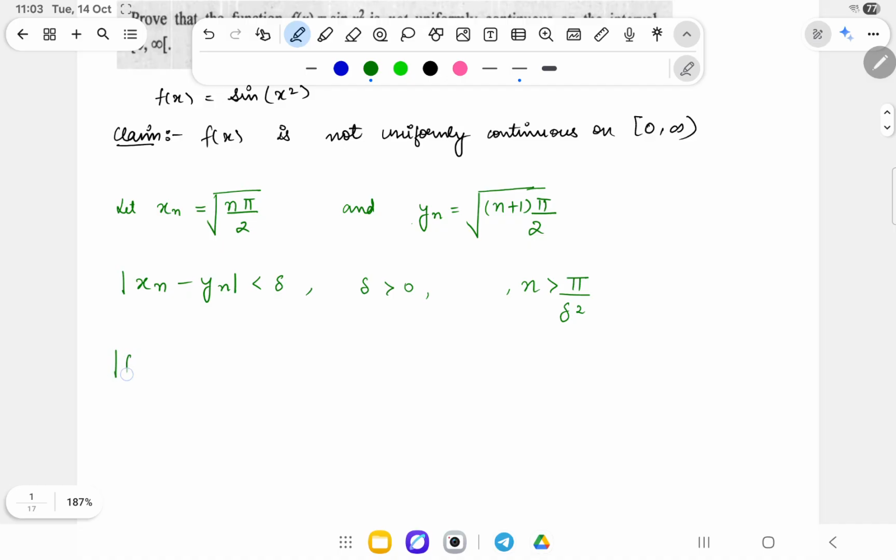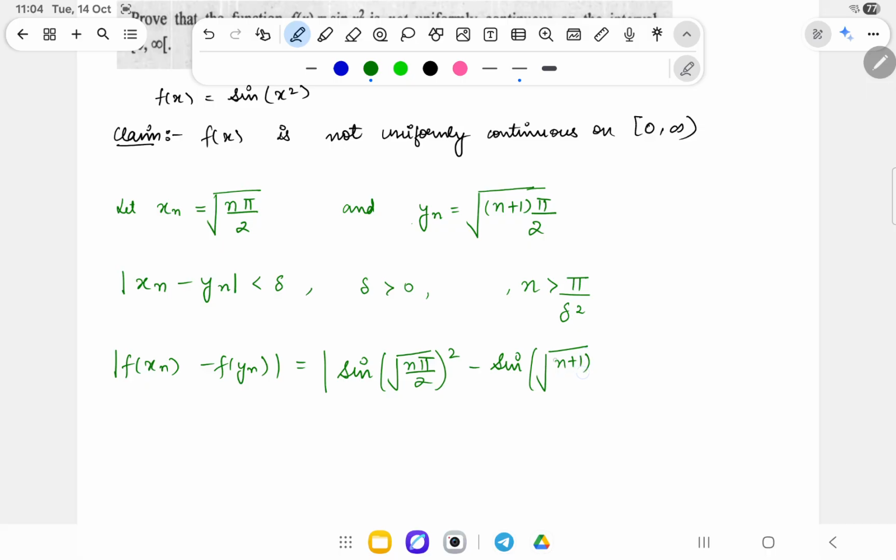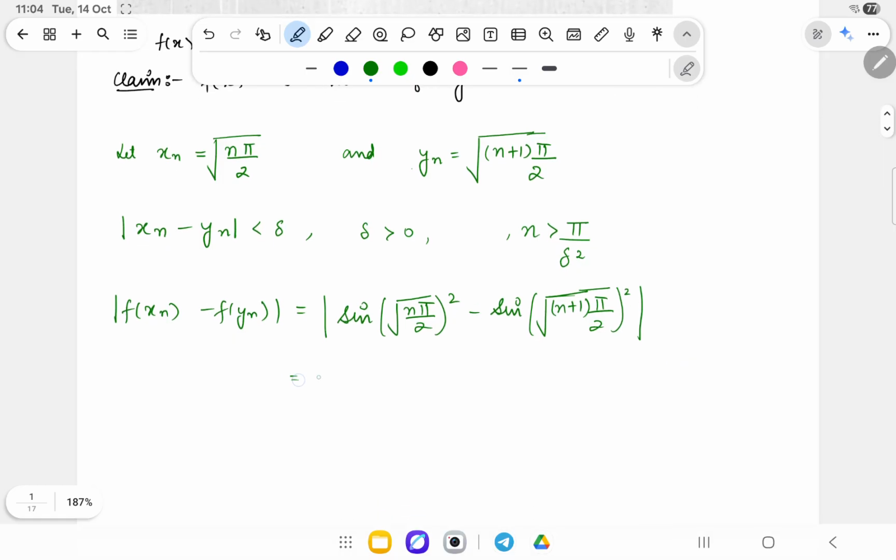Now if we calculate the modulus of f(xn) minus f(yn), it will be modulus of sin of (square root of n pi by 2) squared minus sin of (square root of (n plus 1) pi by 2) squared, and it simplifies to modulus of sin(n pi by 2) minus sin((n plus 1) pi by 2).